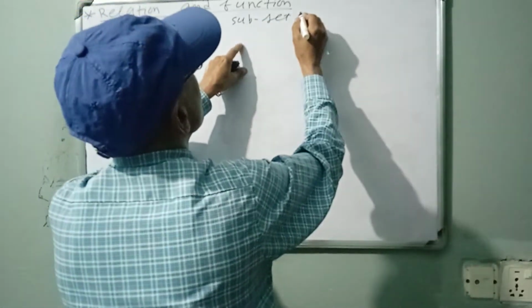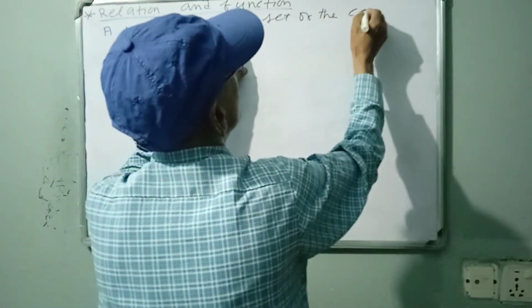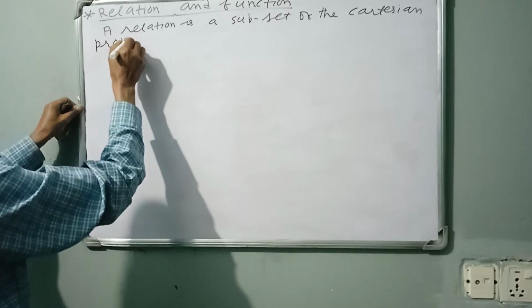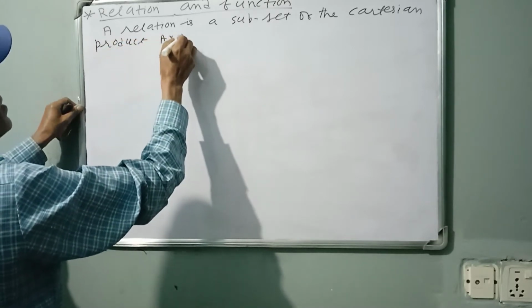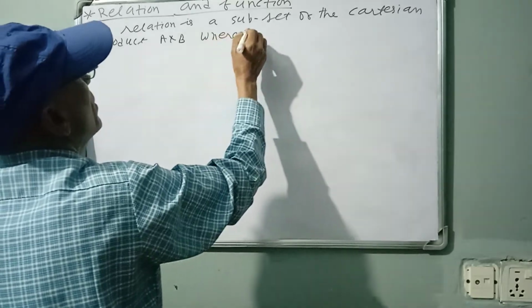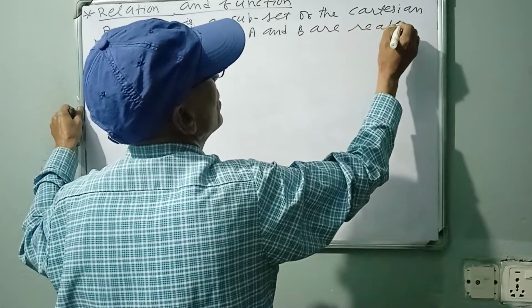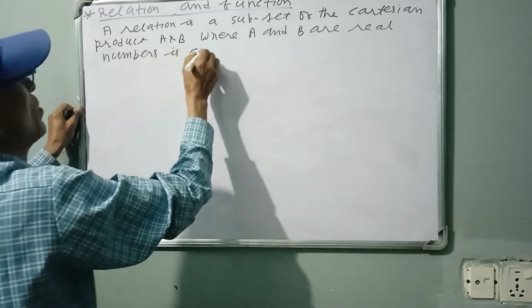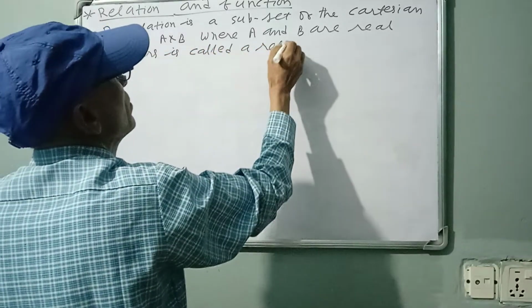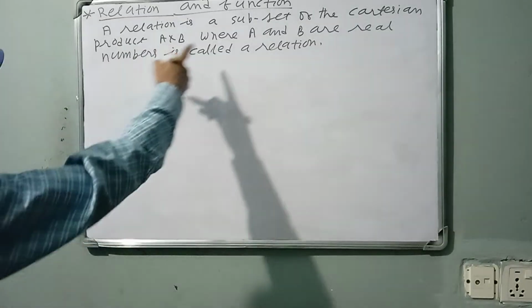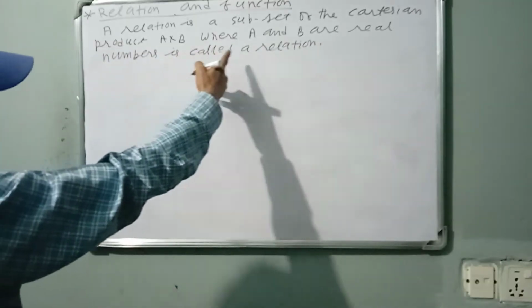A relation is a subset of the Cartesian product A cross B, where A and B are real numbers.